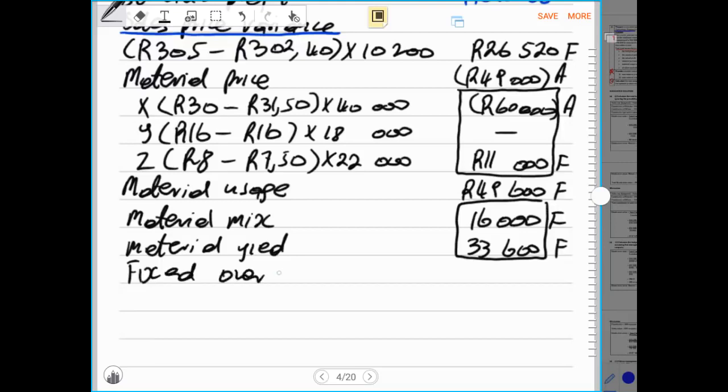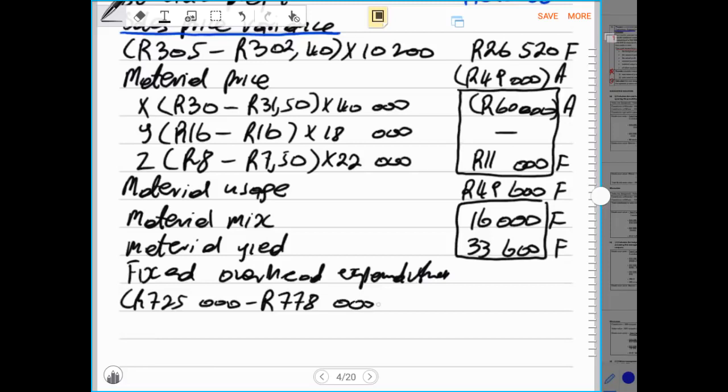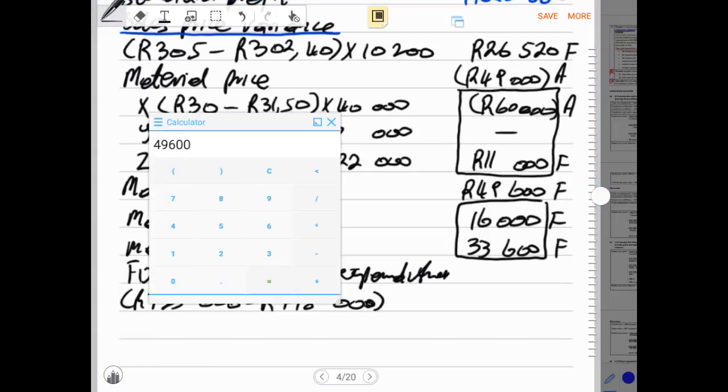The fixed overhead expenditure variance. Expenditure variance is budgeted of 725,000 minus actual of 778,000. And we have already seen this before.